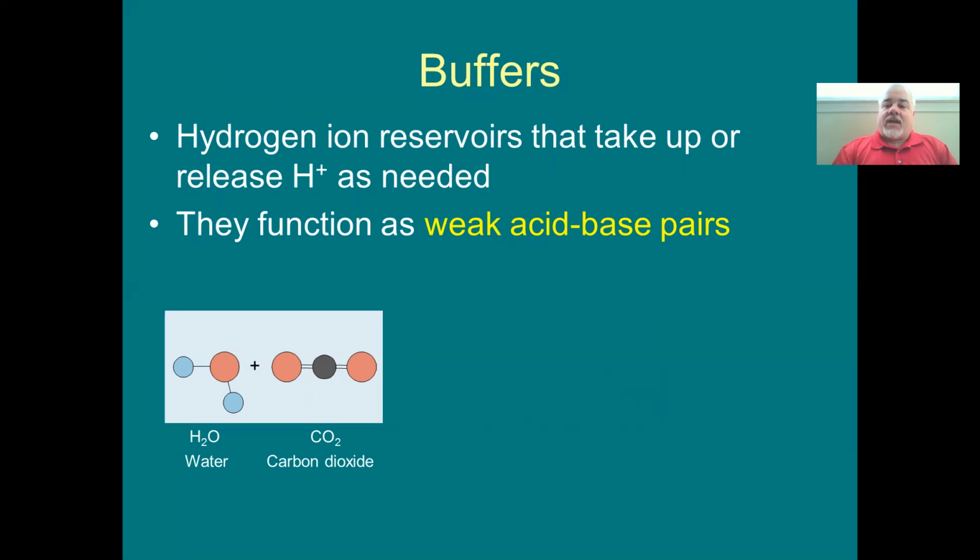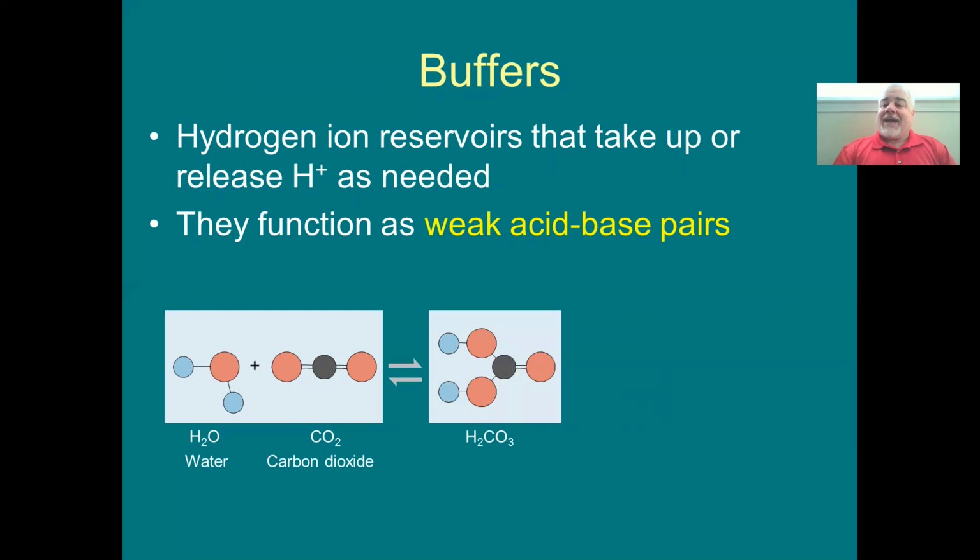And in that raindrop that is forming in a cloud, we have some gas dissolving in that raindrop, some oxygen and other things. But here comes along a carbon dioxide molecule dissolved in that raindrop. And the two can react with each other, forming carbonic acid.